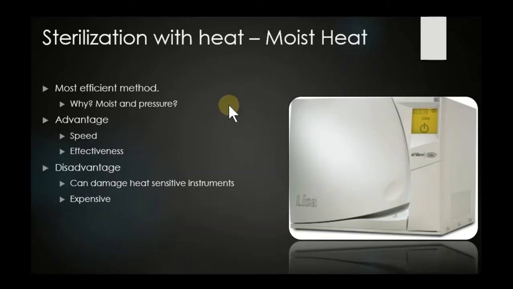So when we use a device that utilizes pressure and heat to generate steam for the sterilization of instruments, under the pressure the boiling point of the water will be raised, so the generated steam will have more stored energy when generated.